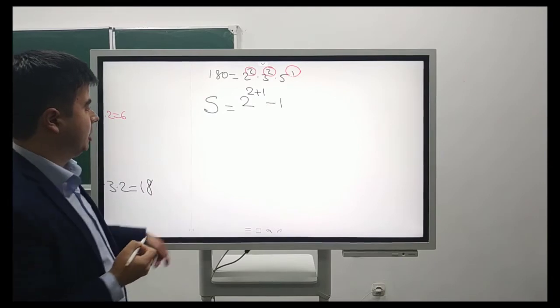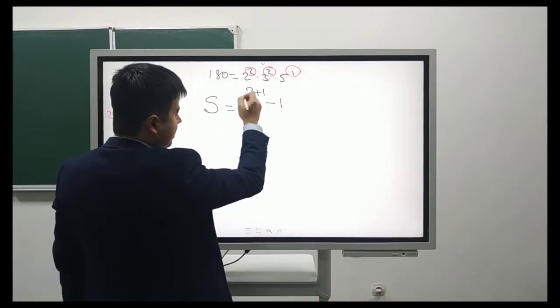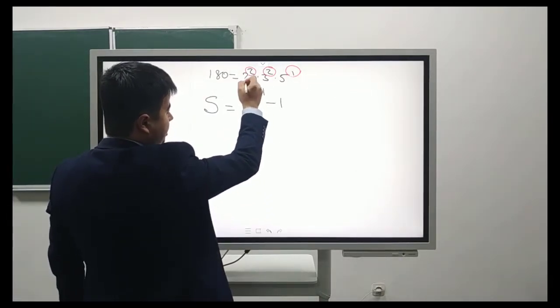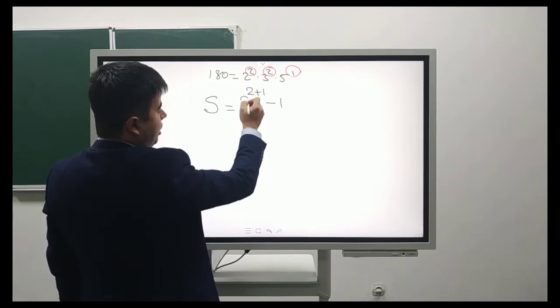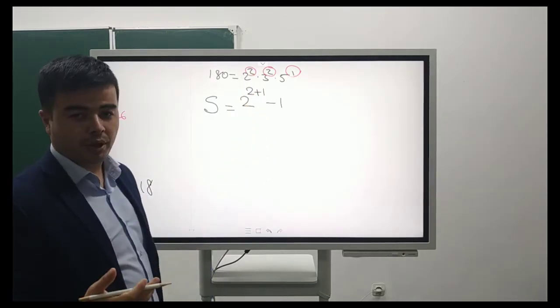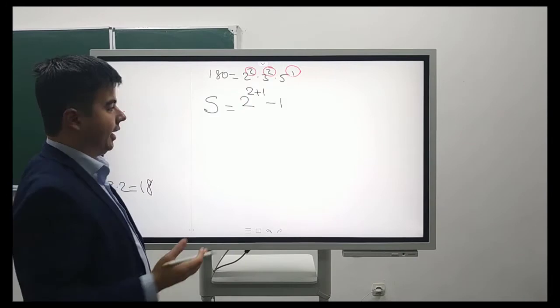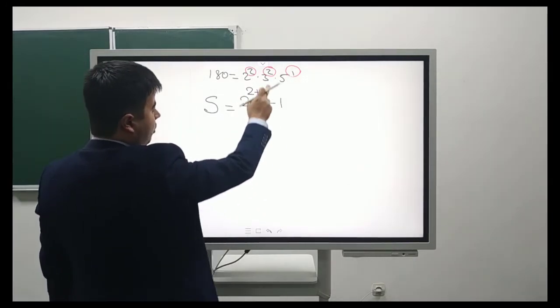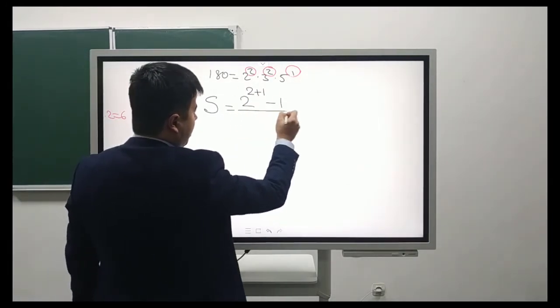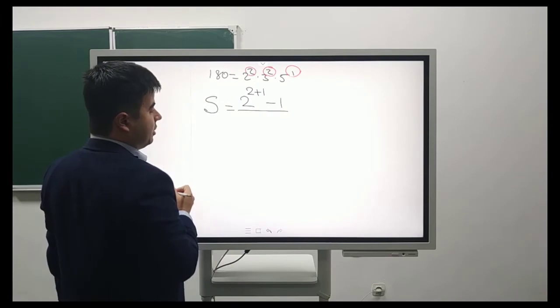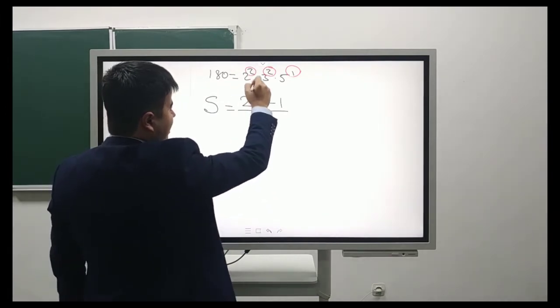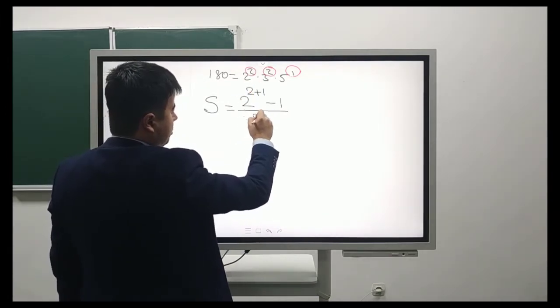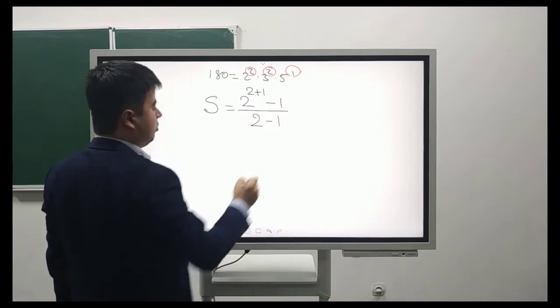So one more time. First base 2, the first prime number, then the power of this prime number plus 1, and subtract 1 over all of them. Then divide by this first prime number again, 2, and subtract 1. 2 minus 1.